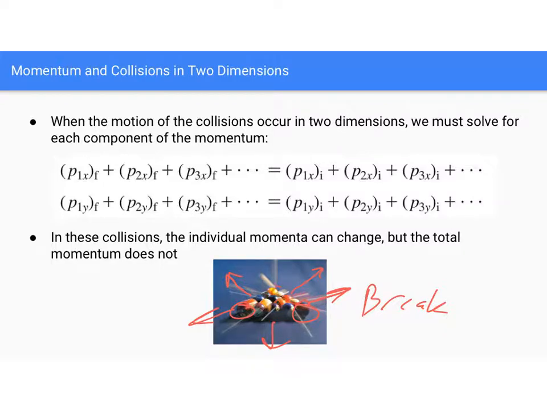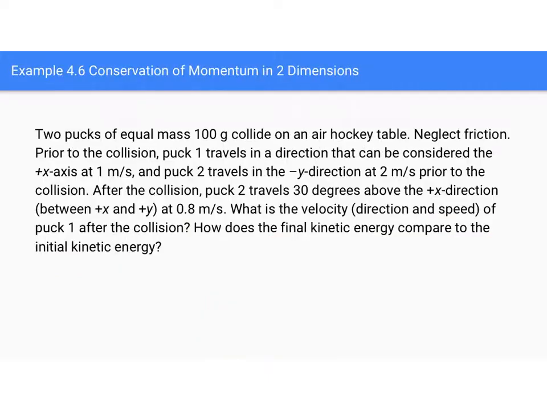Or I should say rather that the sum of all the balls would equal 0 to the left and to the right, if all the momentum came head on. So in the collisions, the individual momenta of each of the balls can change, but the total momentum does not. It all came from that initial cue ball.